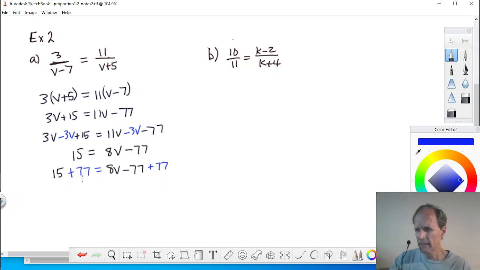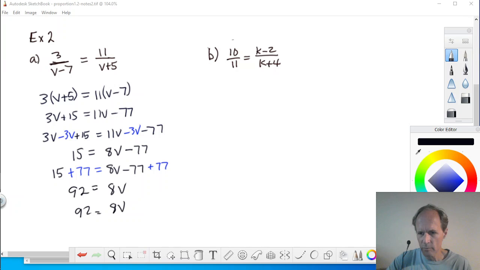What is that? 10 and 77 would be 87. 5 more is 92. Oh, I want to go to black. Here we have 8v. That's all that's left. Divide both sides by 8.